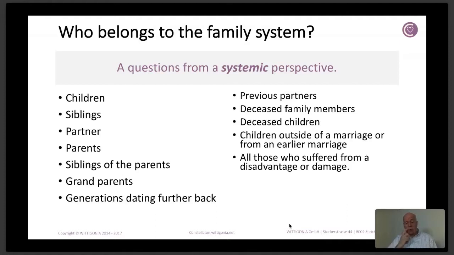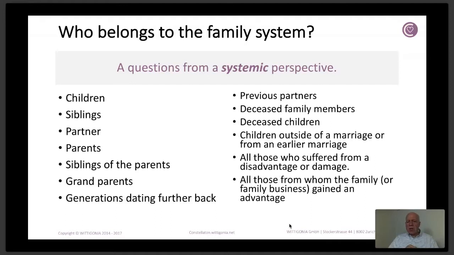And we also include those who have suffered from a disadvantage or damage from the family. And we see that very often in family-owned businesses, for example. And likewise, we also include those from whom the family or family business gained an important advantage.